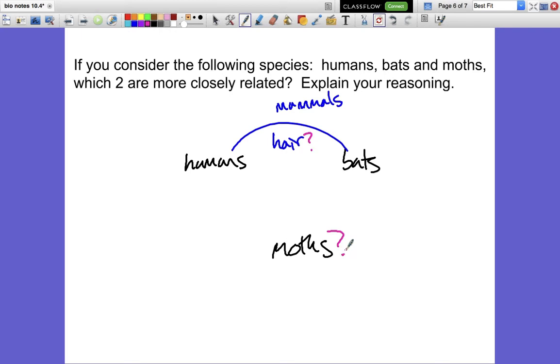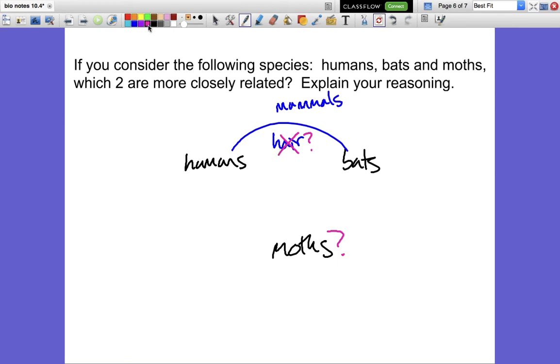It might not be exactly the same as the hair on a human or a bat, but it's very, very similar. So how do I distinguish moths from humans and bats still? I'm supposed to come up with something that links 2 things together and excludes the other one. Hair is not going to work in this case. I'm not going to be able to use that. So we fall to other things.